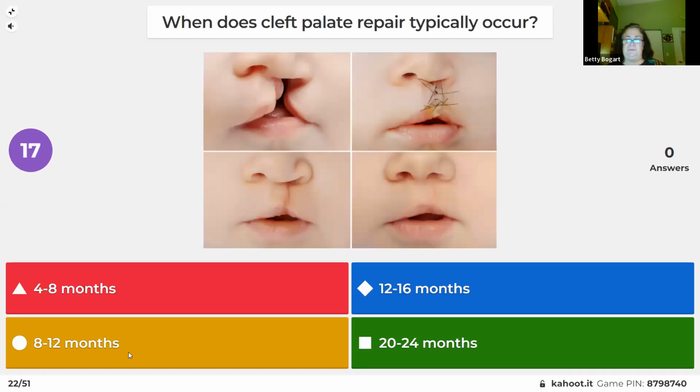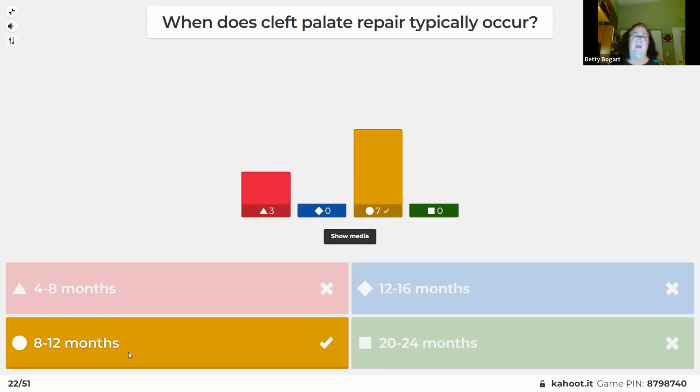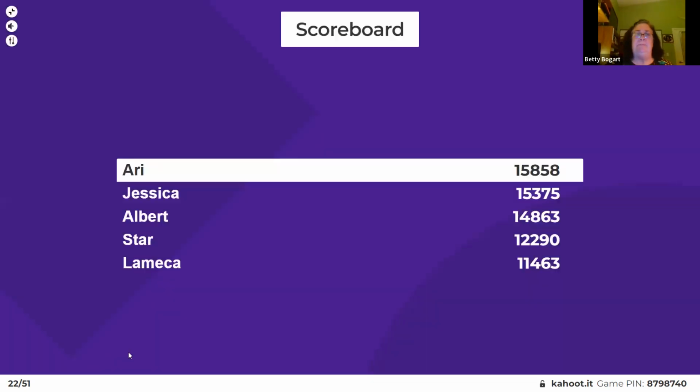There you go. So about that 8 to 12 months. It's that latter half of the first year of life. Get that lip done first, make sure that they have that ability to hold on to a pacifier, and then you go for the palate.